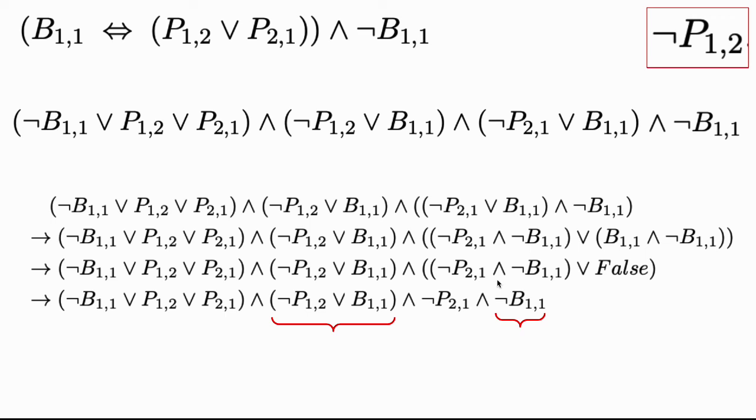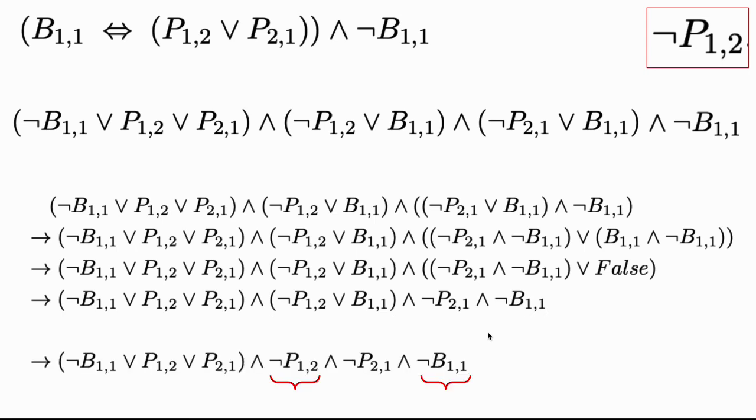Now we can look at this not B11 and combine it with this not P12 or B11 in a similar fashion and see what we get. I am not going to do the whole process, and you can check for yourself that when you do that you get not P12 and this not B11 remains.